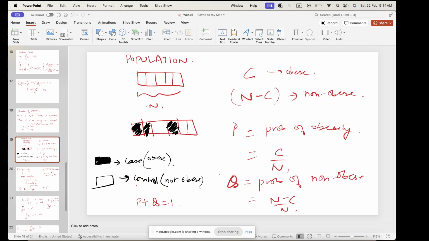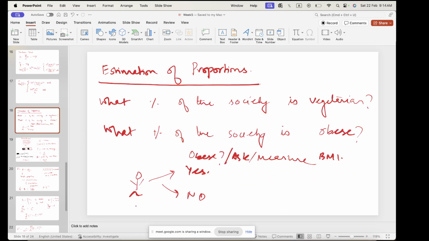I would get this P and Q if I could enumerate each of the individuals in the population and ask, are you obese, or measure some obesity determining factor. And if they say yes, or if they truly turn out medically obese, I categorize them into cases, and if not, into controls.